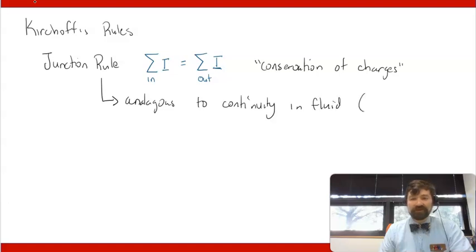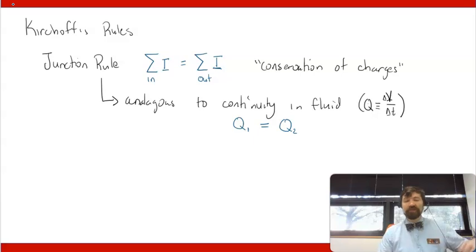That was the volume flow rate, which we represented by a Q. If Q is the volume per unit time, then this was analogous to saying that Q1, or Q at one point in your system, and Q2, Q at another point in the system, are equal to each other.